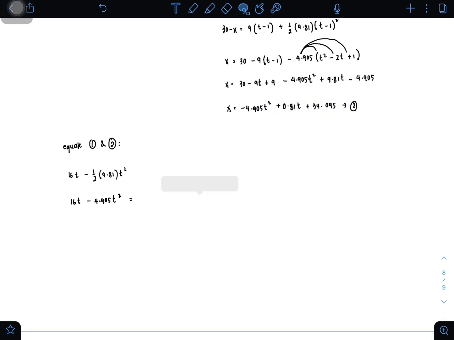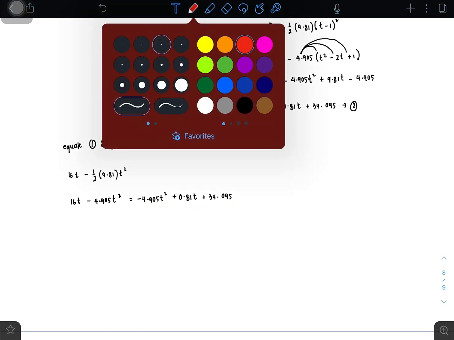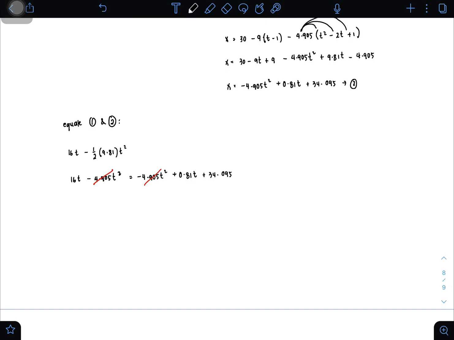So just copy that here. Okay, so we can cancel this out because they're of the same sign and the same coefficient and variable. And we have 16 time, or 16t, equal to 0.81 times time plus 34.095.